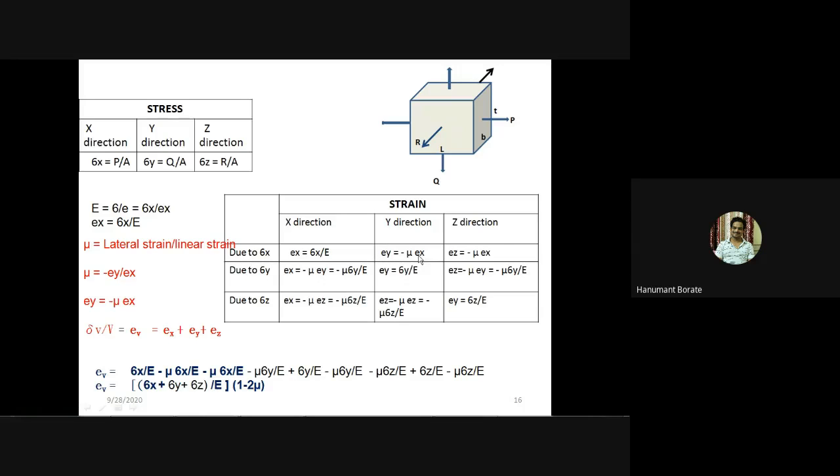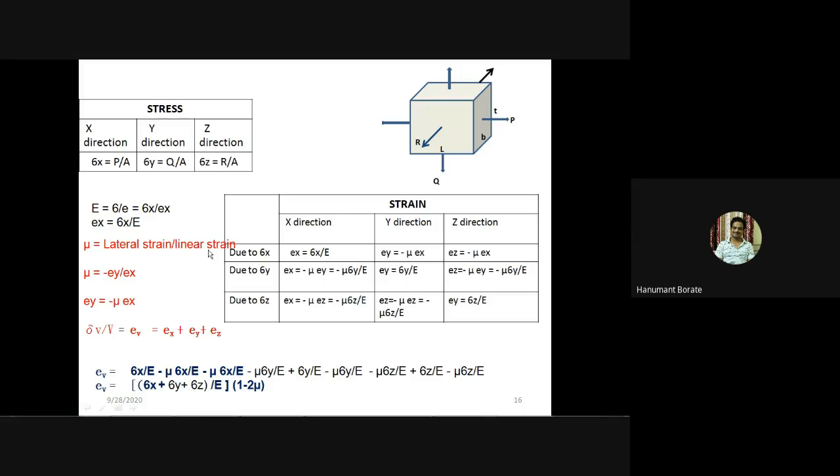Now you can see lateral strain and Poisson's ratio. Poisson's ratio means lateral strain divided by linear strain. Linear strain means when we measure the deformation in the applied direction.